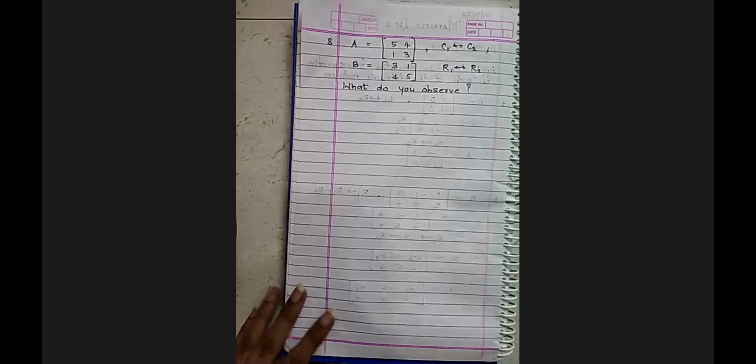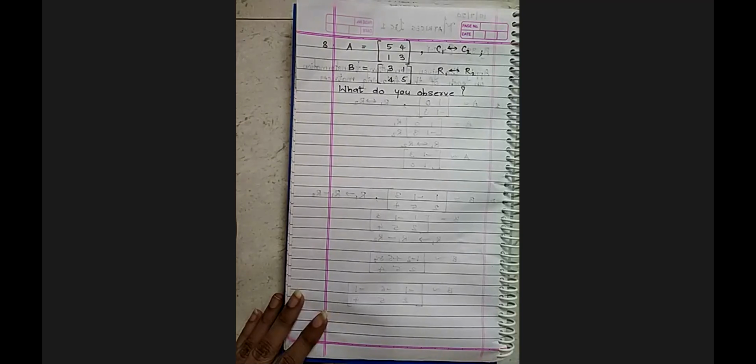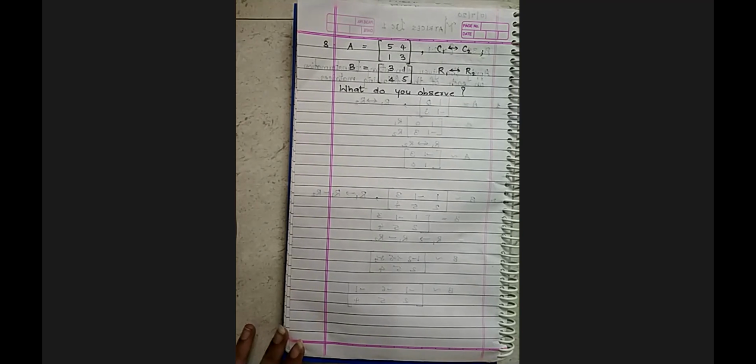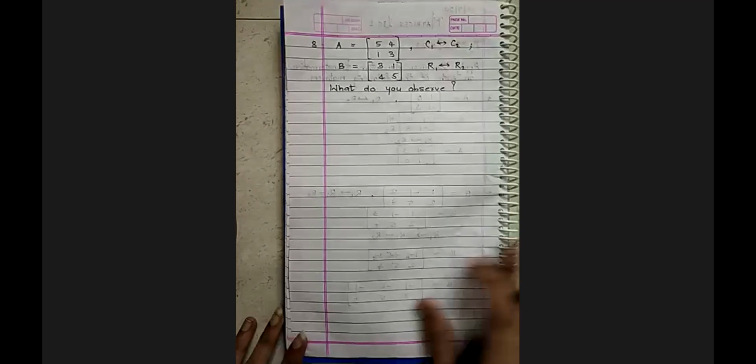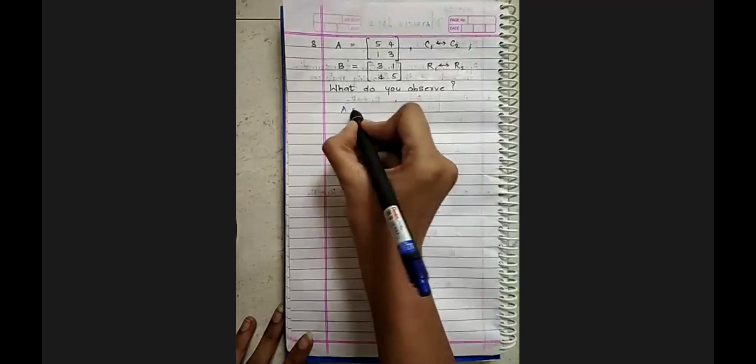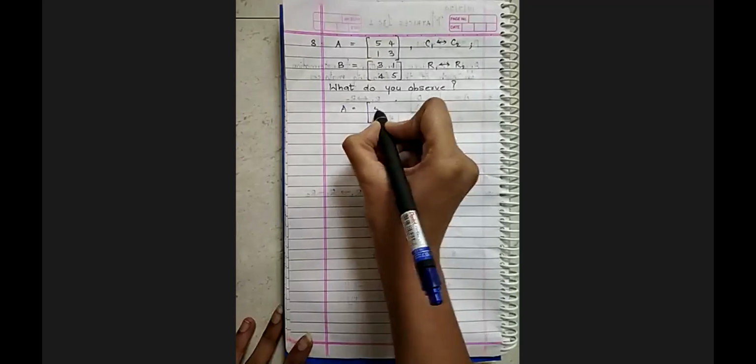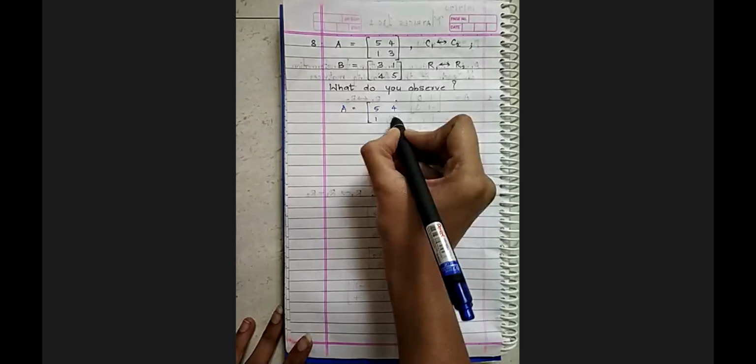Now in this particular sum, you have two matrices given to you. So your A matrix is 5, 4, 1, 3.